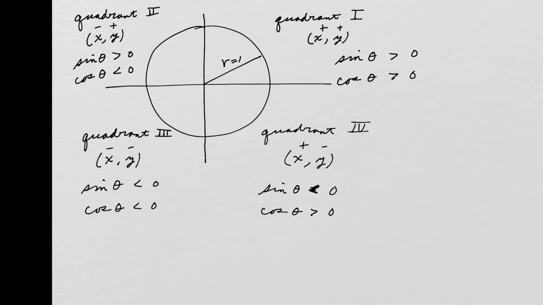Okay? Now, later, we will also mention the other 4 trigonometric functions: tangent, cosecant, secant, and cotangent. The way to remember this, there's a mnemonic that we can use. In the first quadrant, it turns out all of the trig functions are positive.